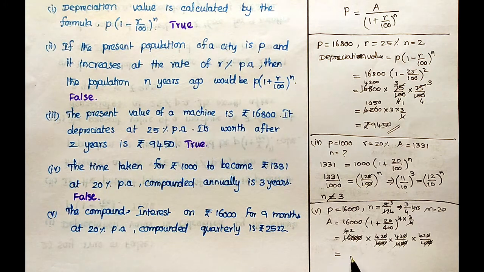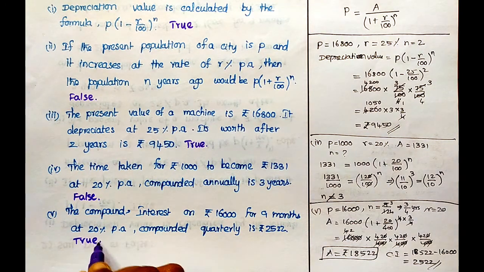So multiplying the numbers, we get rupees 18,522. That is the amount. Compound interest means amount minus principal, that is 2,522. That is the answer. They have also given that only, that is a true statement.